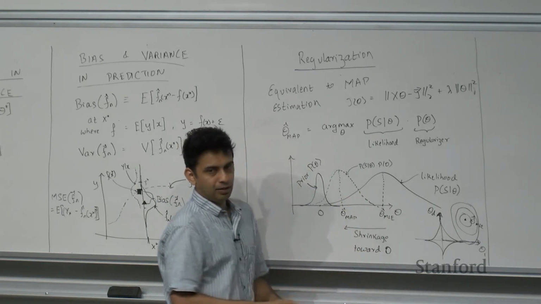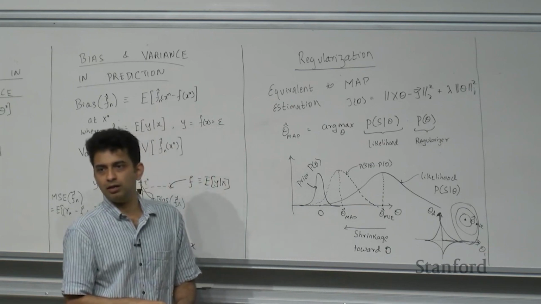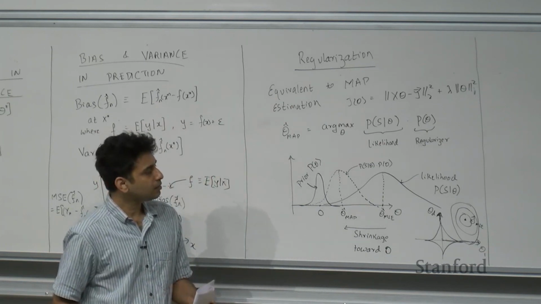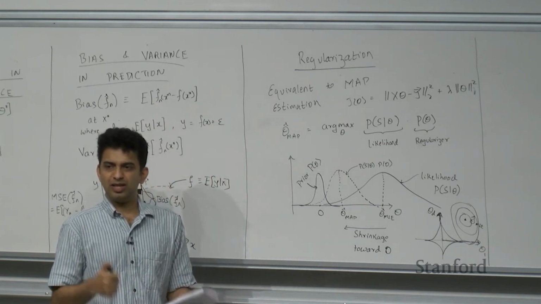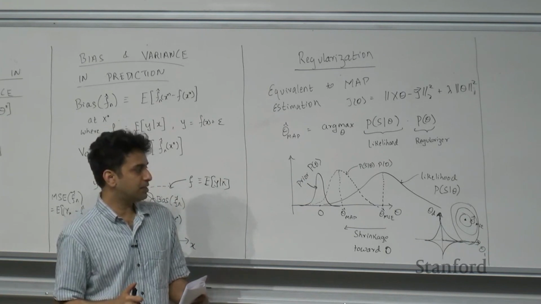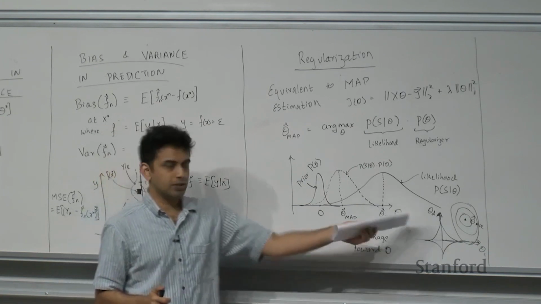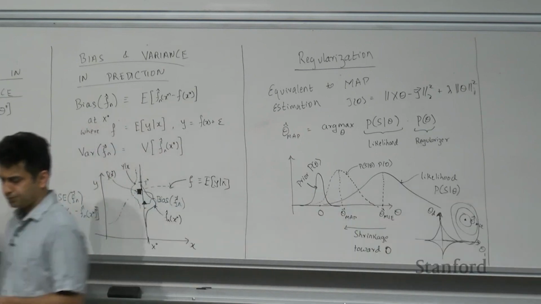Therefore, applying a Laplace prior will result in sparse parameters, and that's called the lasso estimator. And you explored this in your homework as well.